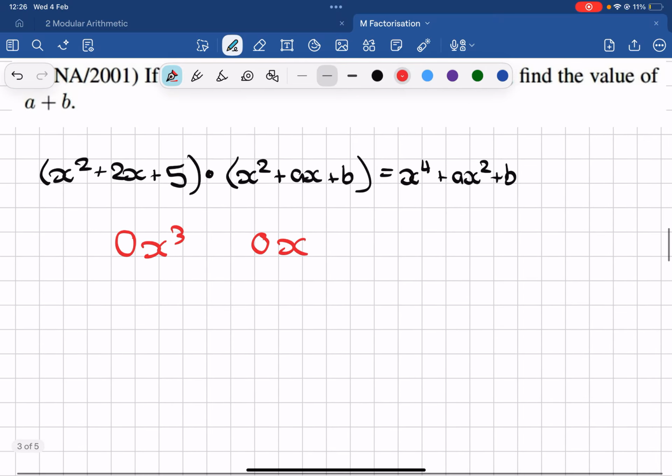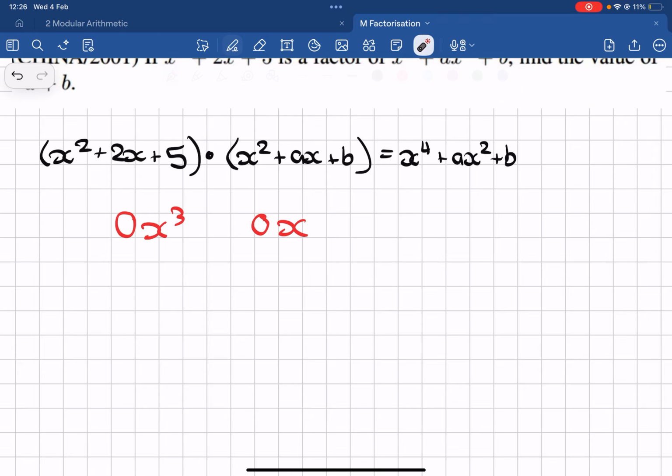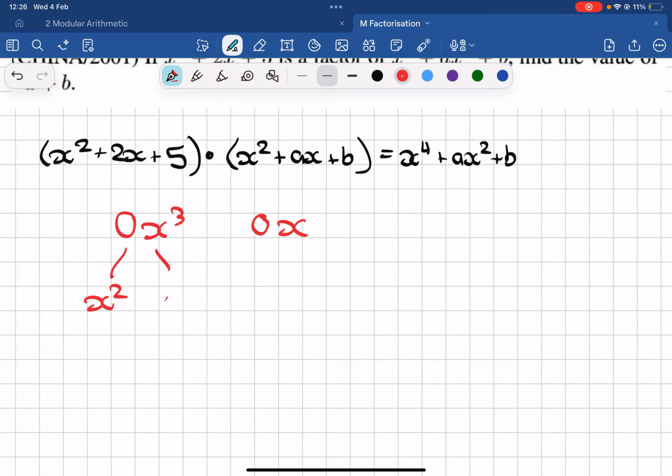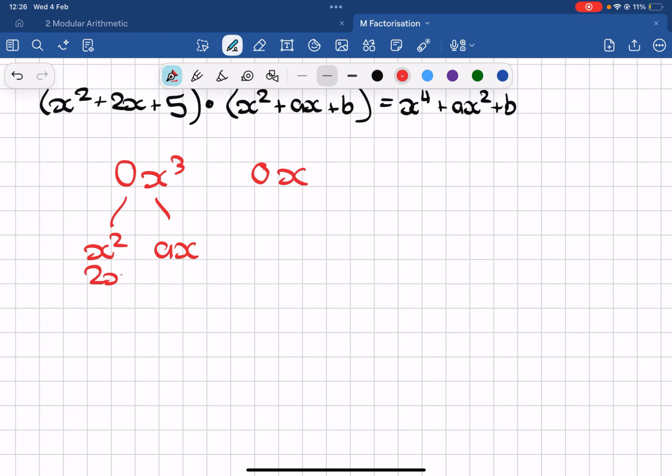Now how does this come about? Well, an x cubed comes about when you multiply two quadratics, when you multiply the x squared term by the x term here, so x squared times ax, and it also comes about when you multiply the 2x by the x squared.